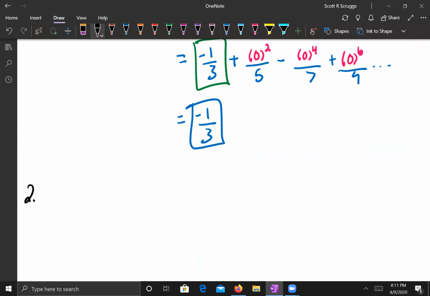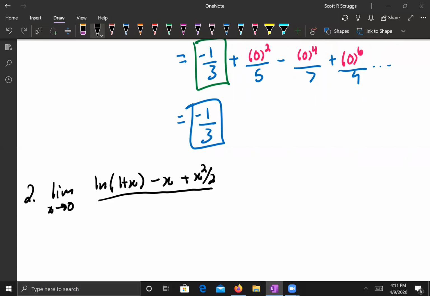Use Taylor series to evaluate the limit as x goes to 0 of natural log of 1 plus x minus x plus x squared over 2, divided by x cubed.